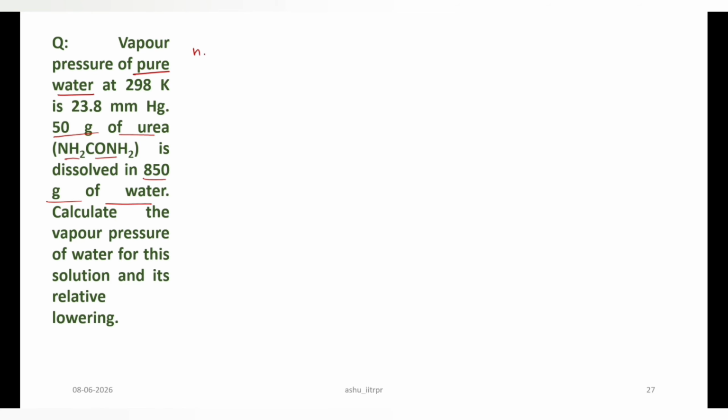Number of moles of water: the amount of water given is 850 gram, so 850 divided by molar mass of water. When you divide it, it will approximately come out to be 47.22.